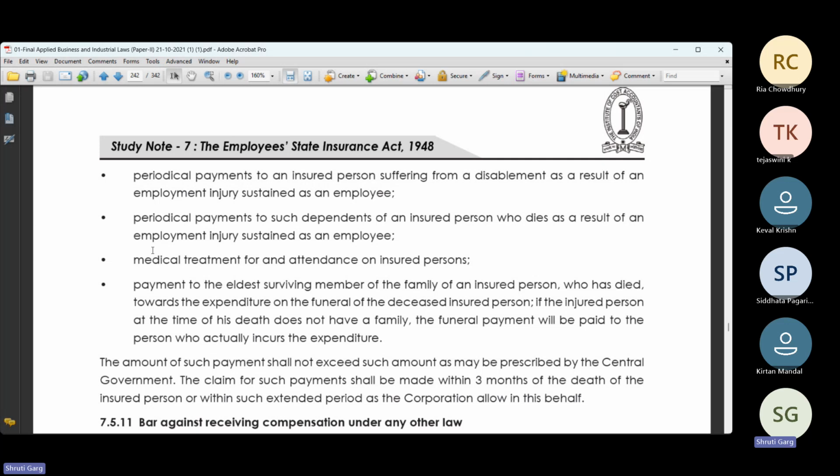The claim for such payment shall be made within 3 months of the death of the insured person, or within such extended period as the Corporation allows in this behalf. Clear?